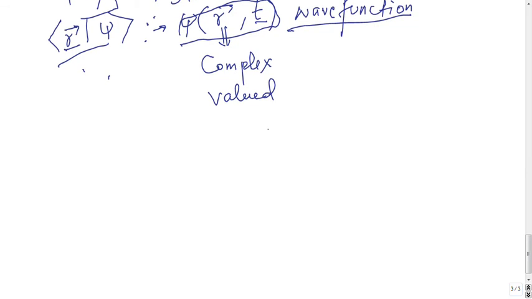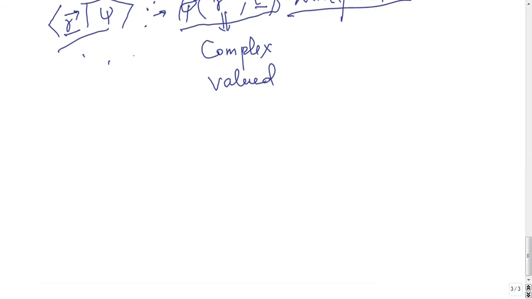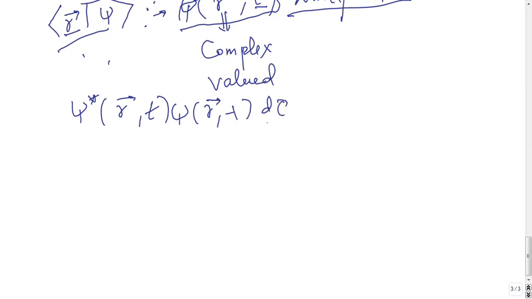So now moving to another concept. If I take the complex conjugate of this wave function and multiply it with itself and a volume element d tau, it gives the probability that the particle lies in this volume element d tau.